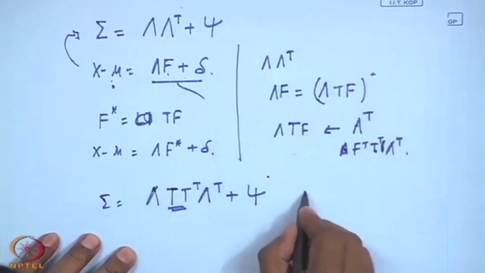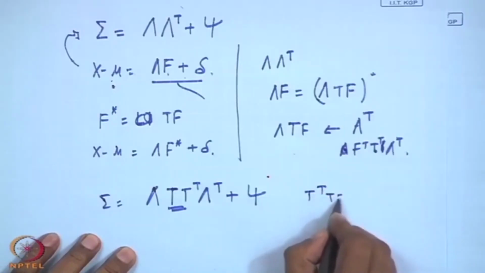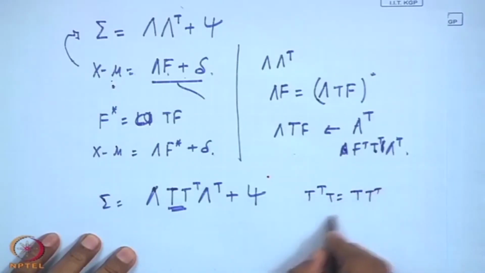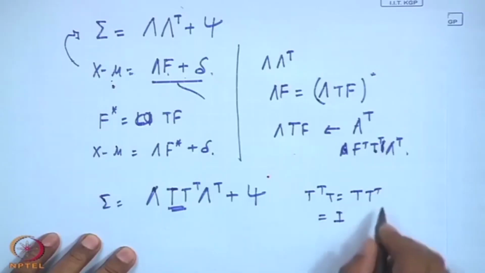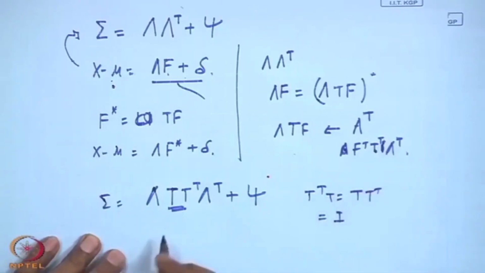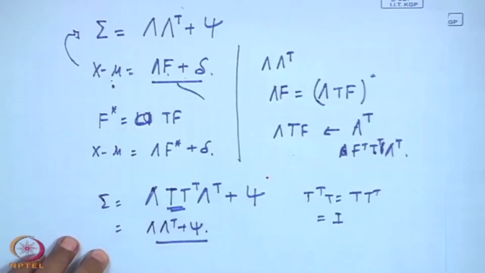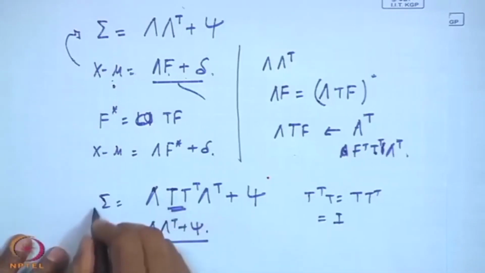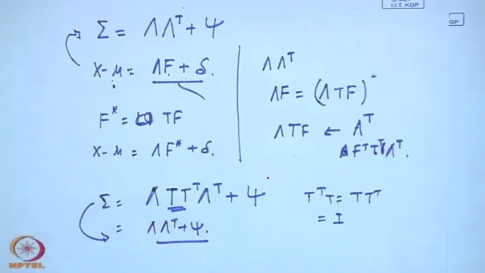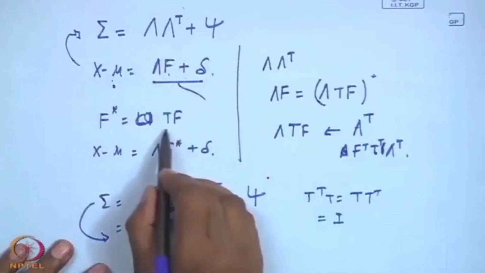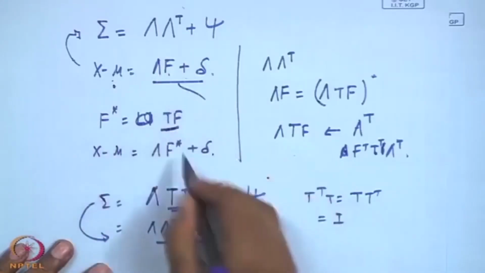Now what is T T transpose or T transpose T? T transpose T equal to T T transpose equal to I, even the inverse is also I. So this is again lambda lambda transpose plus psi. So from the covariance structure point of view, there is no problem, you are explaining the same structure; the only thing is that your factor values are changing from f to t f, some other dimension, and the loadings are changing.